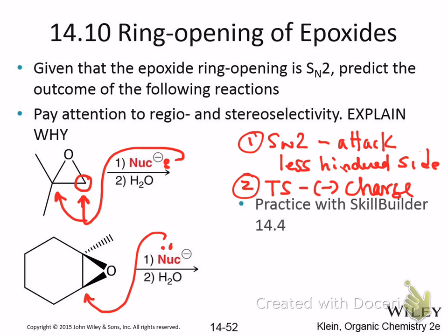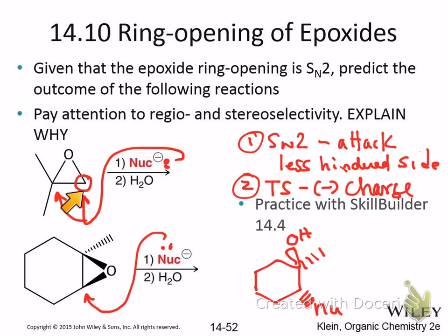So your product for the bottom will be like this, and then the nucleophile will be like this. All right. This implies that the nucleophile came from the backside of this oxygen on the less substituted carbon.